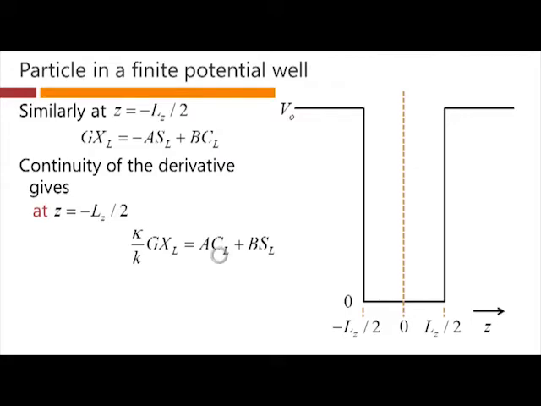Remember, differentiating a sine gives us a cosine, differentiating a cosine gives us a sine with a minus sign in front of it, but the argument here is minus Lz over 2, so that minus sign combines with the minus sign corresponding to this and gives us a plus sign in here. And at z equal to Lz over 2, we're similarly going to get this relation from the continuity of the derivative.